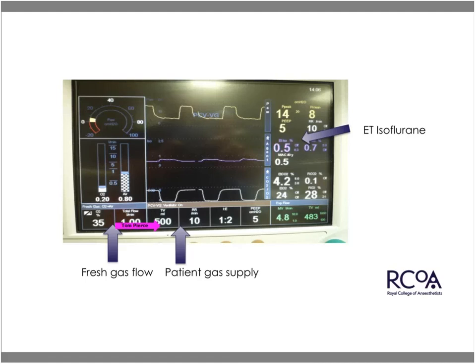The patient has received, in the previous minute, 10 breaths from the anesthesia machine, each one of which was of 500 mils. But notice that the total gas that's being delivered to the anesthesia machine is a lot less than that, because so much of it is going to be recycled. Indeed, the fresh gas flow is 1 litre, of which 200 mils is oxygen and 800 mils is air, and the concentration of oxygen in that gas mixture is 35%.